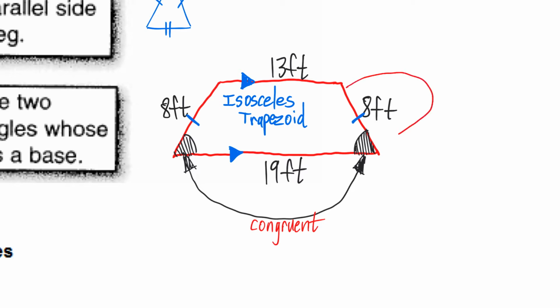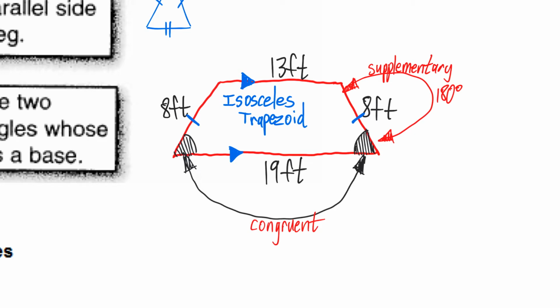So what's going to be true of these two angles right here? Yes, they are going to be supplementary. They're going to add up to 180. Because those are same side interior angles, and same side interior angles of parallel lines are supplementary.